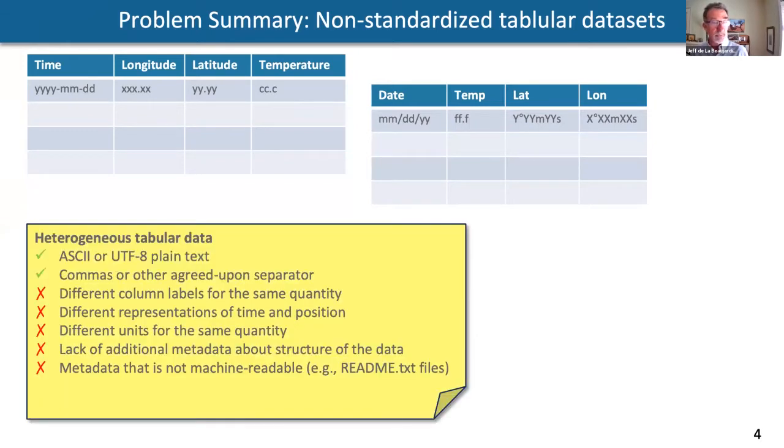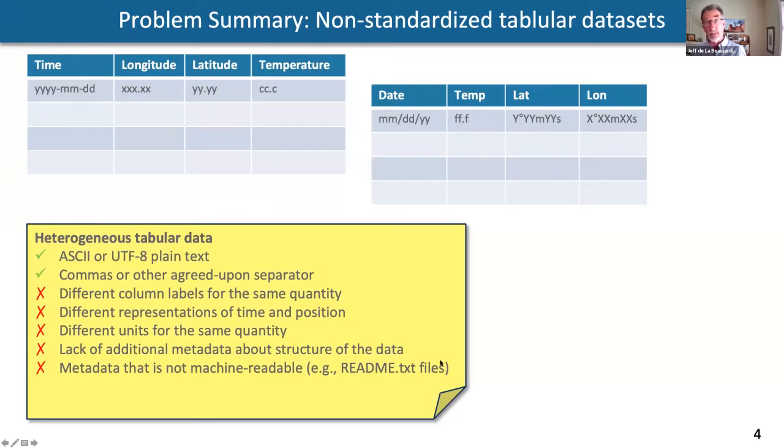So the tabular data is heterogeneous, as it says in the section title. Some things are compatible, right? It's either ASCII or UTF plain text, commas or something to separate them. That's great, but there are different column labels, different representations of time and position, different units for the same quantity, and no additional metadata about the structure of the data. Or metadata that is not machine readable, like there could be a readme.txt file.